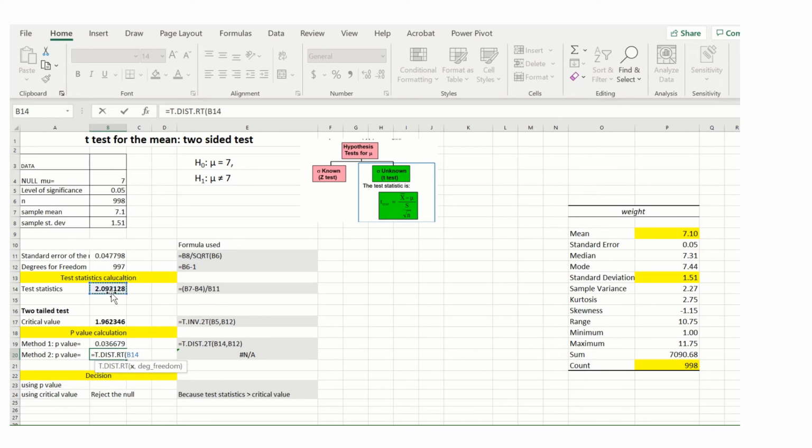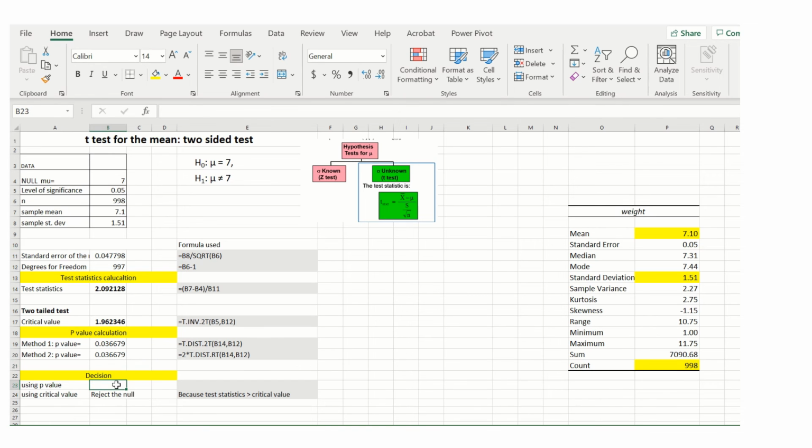We enter the test statistics and the degrees of freedom, but this time, since we are conducting a two-sided test, we are going to multiply by 2, because otherwise it is going to give you only the area in one tail. So as you can see, the numbers are exactly the same. In two different ways, we get the p-value 0.03.